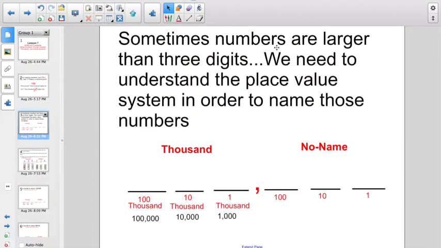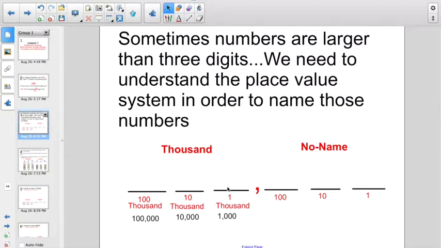And sometimes numbers are larger than 3 digits. We need to understand the place value system in order to name those numbers. So the first 3 digits fall under a group that I call the no-name group. The ones, the tens, and the hundreds, because we don't say a name after we name these numbers.